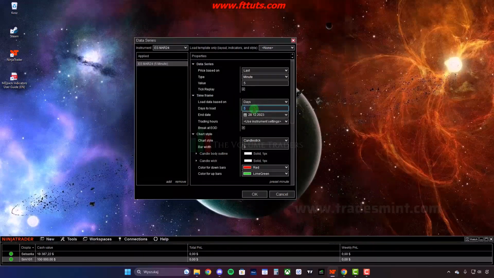Because doing this on NinjaTrader with all the tools we use, with the tick replay, it will really need a lot of time to load every single tick, every single price change on the footprint, on everything. So it can be really annoying to wait, let's say, 20 minutes to load all the historical data. So I use 3-5 days in my trading because it's enough.